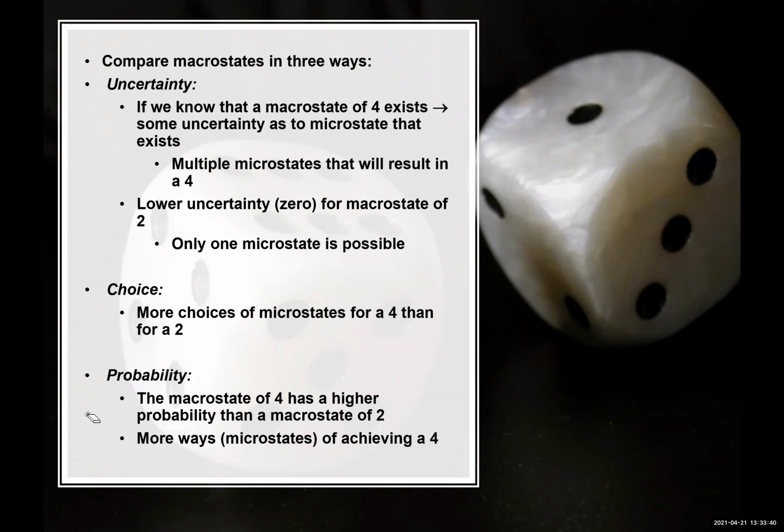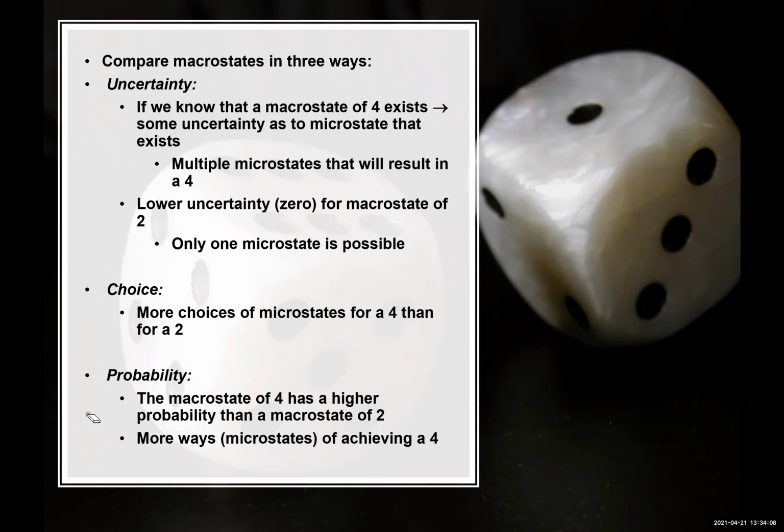So how do we compare that to another macrostate of, for example, two? For that, the number of microstates is just one. In order to get two with a pair of dice, the first one must be one and the second one must be one. That's the only way we can have it.